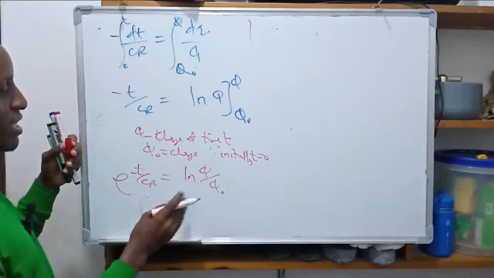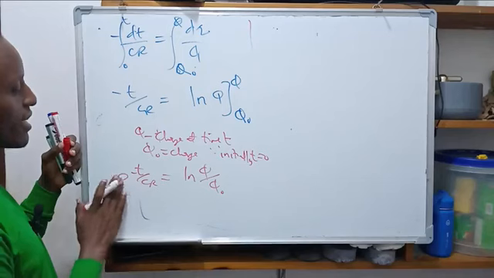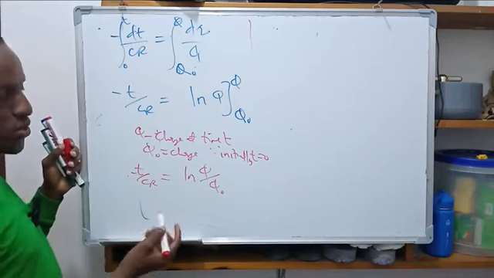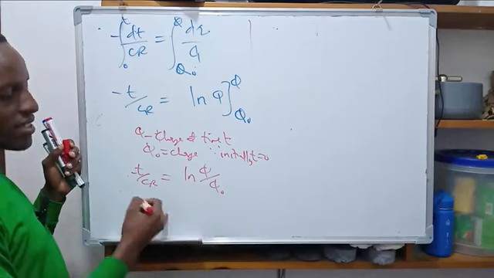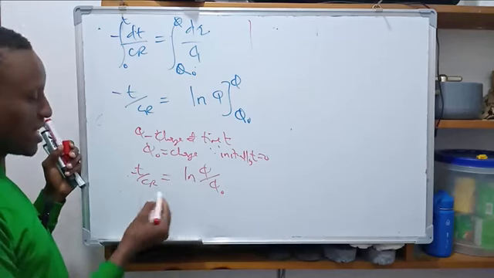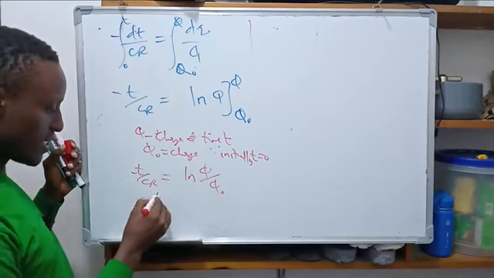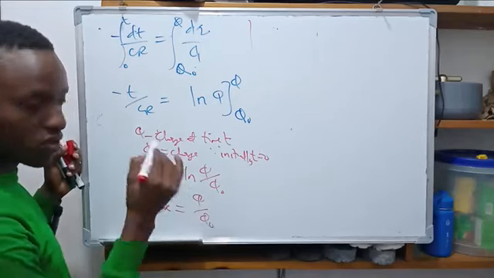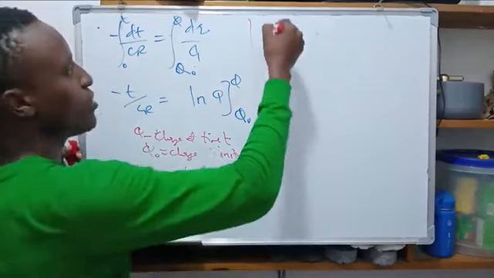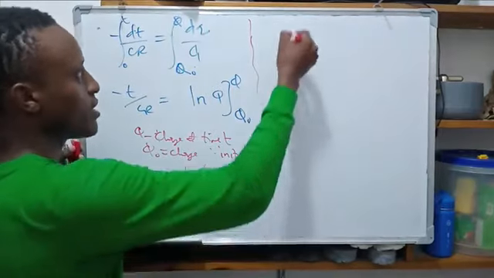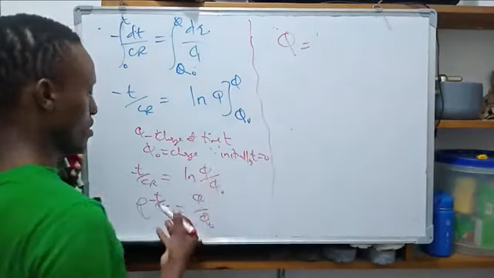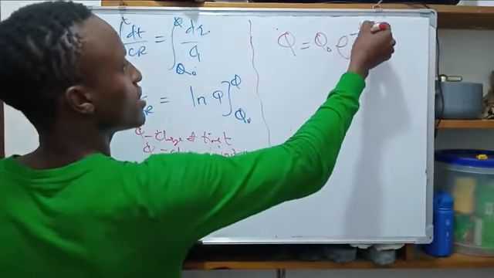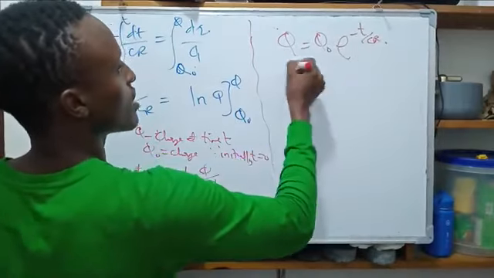When I raise this, because this is a log of e, you can say e to the negative t over CR is equal to Q over Q naught. So the charge is just equal to Q naught times e to the negative t over CR.